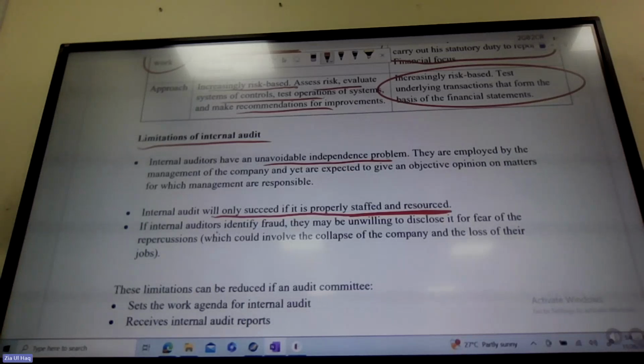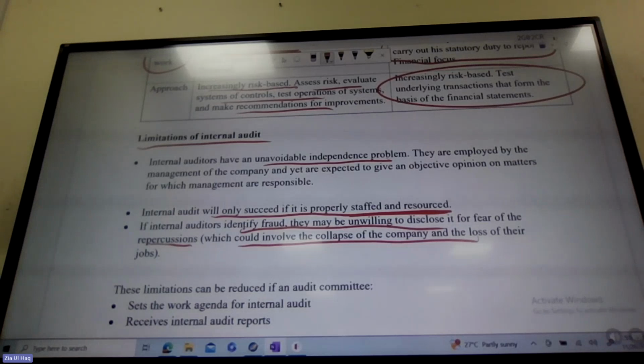Internal auditor identifies fraud that he may be unwilling to disclose for fear of repercussion, meaning the person involved in the fraud is in top management under which the internal auditor is working. So he sometimes does not highlight that fraud, even knowingly.